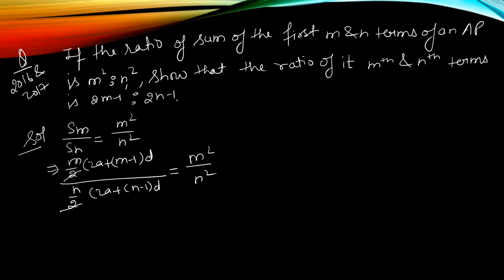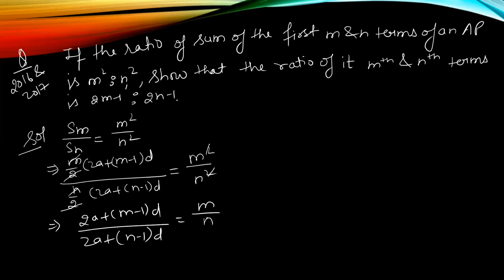As you can see, 2 gets cancelled. On the other hand, m, n also gets cancelled. We are left with [2a plus (m minus 1)d] upon [2a plus (n minus 1)d] equals m over n. Now after cross multiplication, what we'll get?